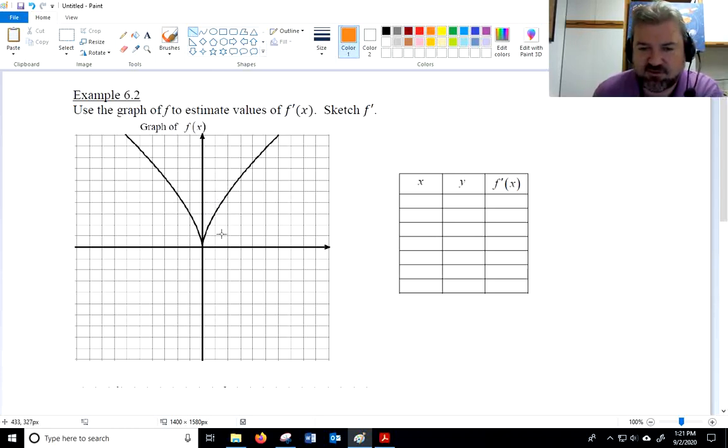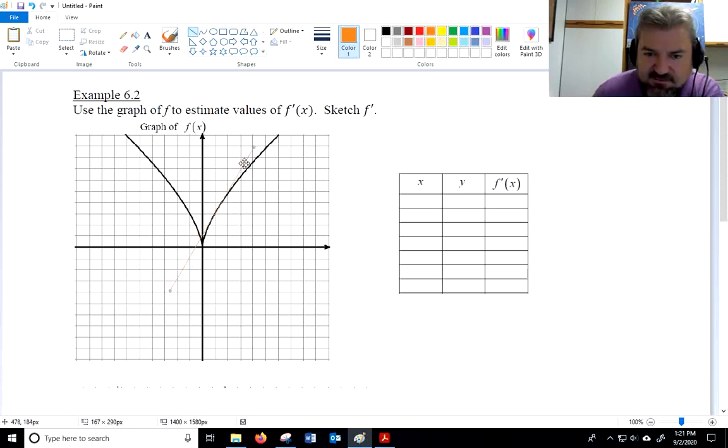I'm going to start at, let's see here, 1 comma 3. So at 1 comma 3, I think I can estimate that tangent line pretty readily. Might be a fraction though, I'm not sure. I'm not sure we're going to get a nice whole number there. Well, that's too flat, not steep enough, right?